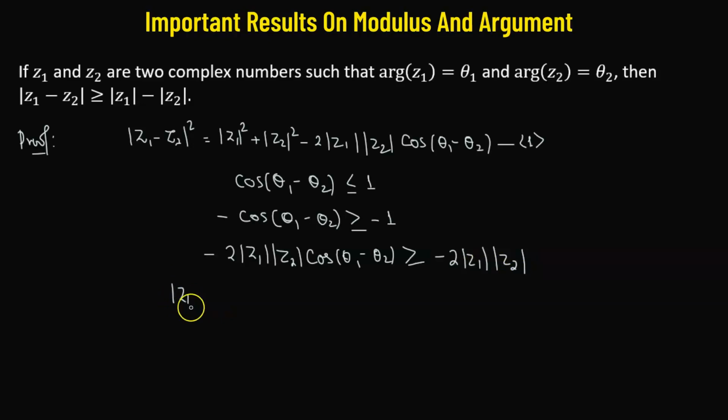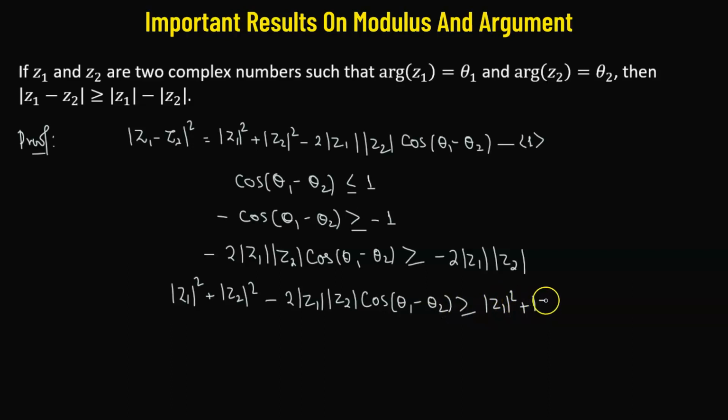Then we are going to add absolute value of z1 squared plus absolute value of z2 squared on both sides. We have minus 2 times absolute value of z1 times absolute value of z2 times cosine of theta 1 minus theta 2. So this will be greater than or equal to absolute value of z1 squared plus absolute value of z2 squared minus 2 times absolute value of z1 times absolute value of z2.